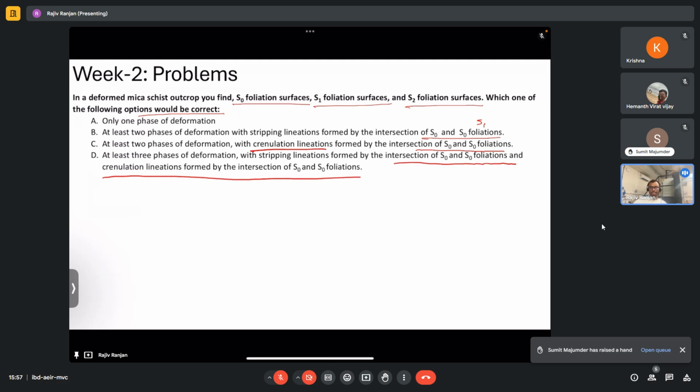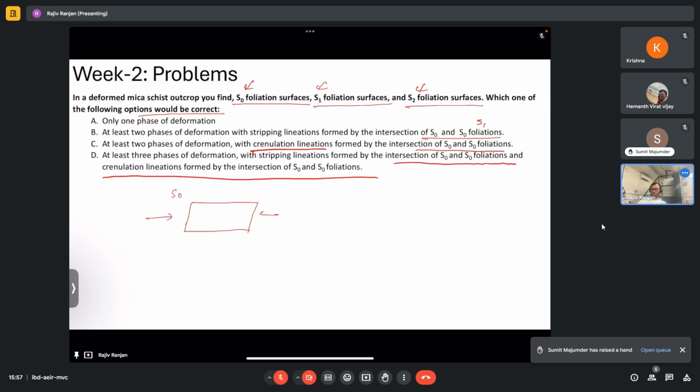We just discussed this a couple of slides back, that we are seeing S0, S1, S2. Imagine you had S0, meaning primary bedding.